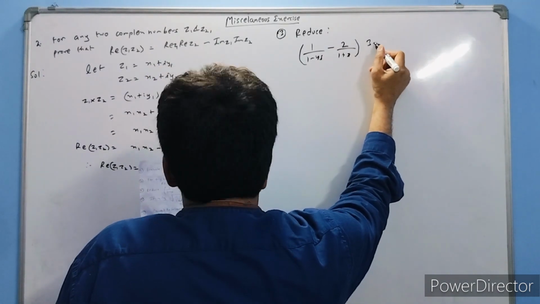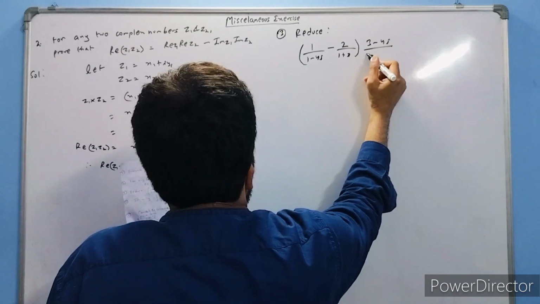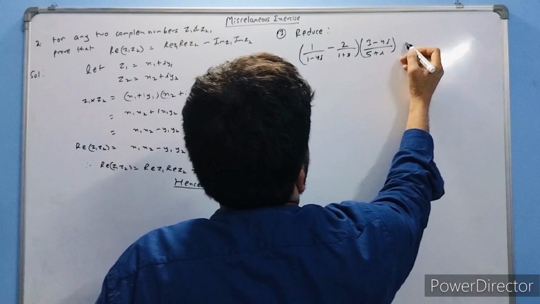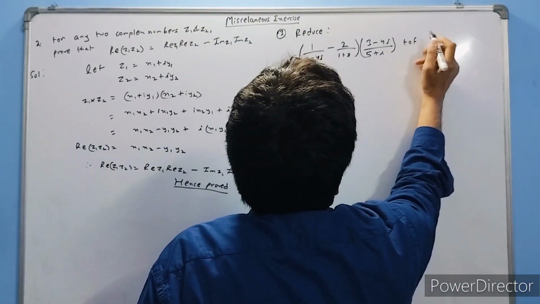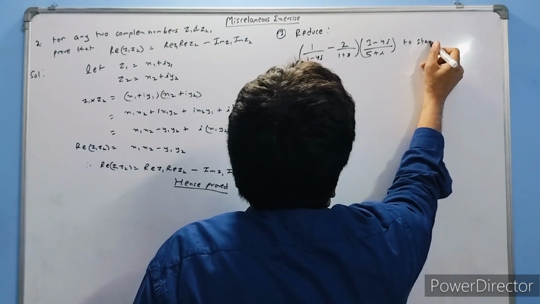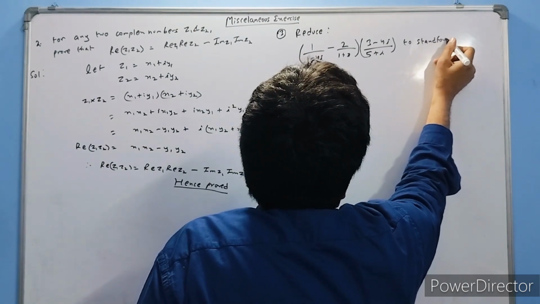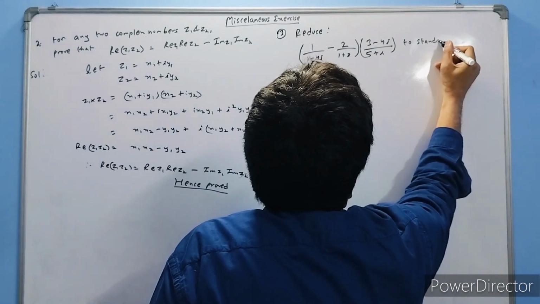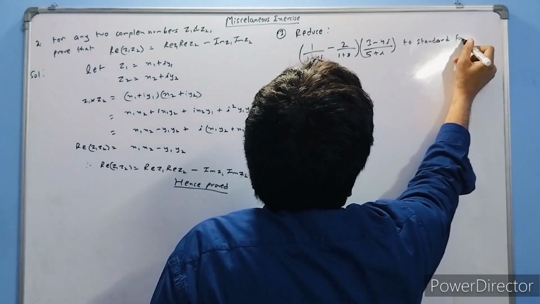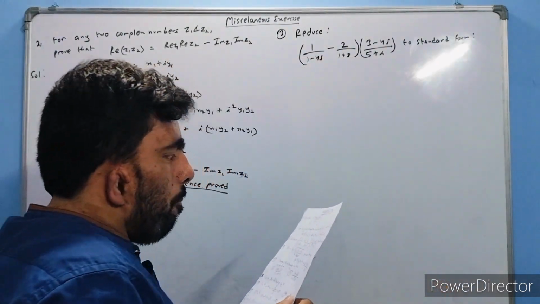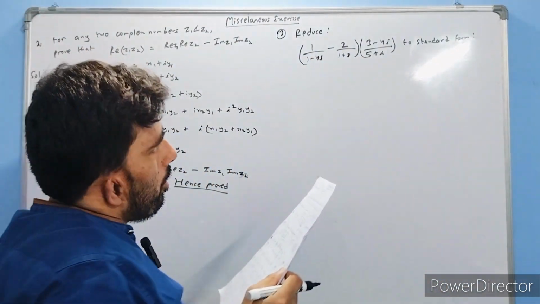Now they have 3 minus 4i upon 5 plus i, and we need to reduce them to the standard form. So this is the third question I have. We need to reduce it to the standard form.